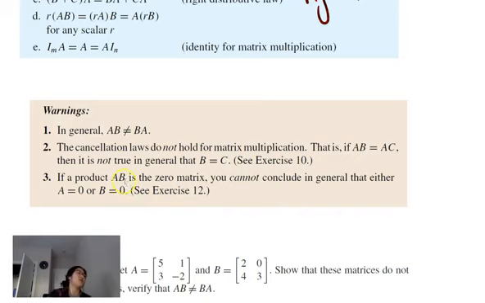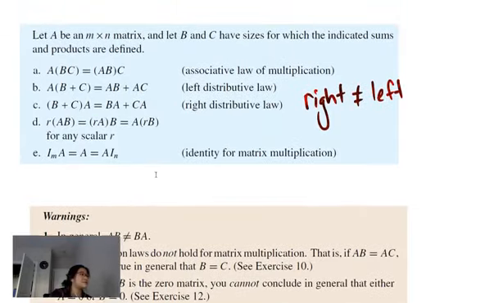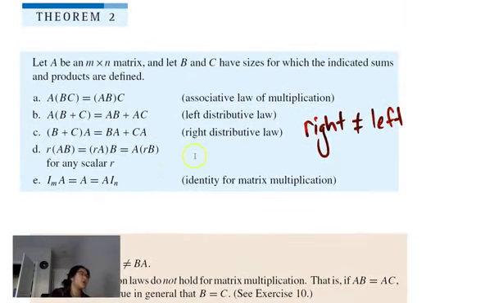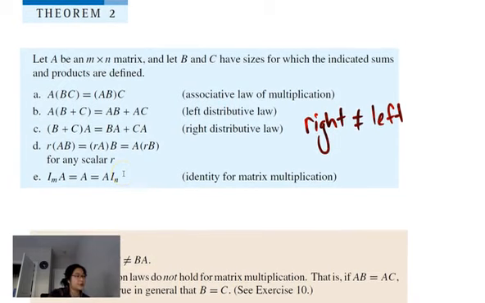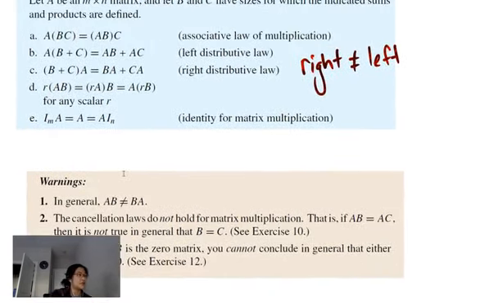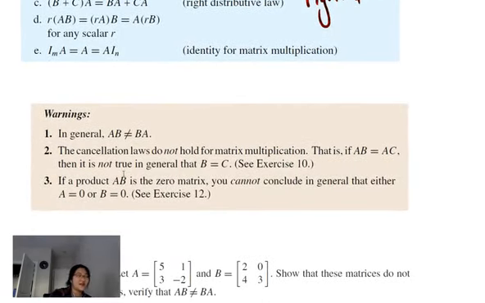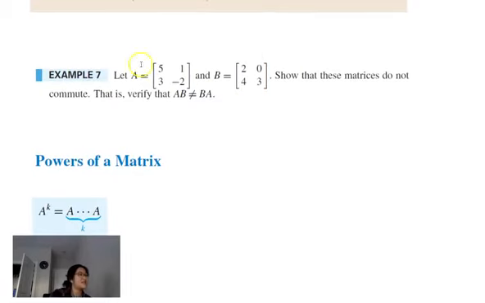If AB is our zero matrix, you can't say that A or B is equal to a zero matrix, because there are other ways that things can cancel out. So not all of the properties that you know and love are relevant for matrix multiplication, but some of them are.